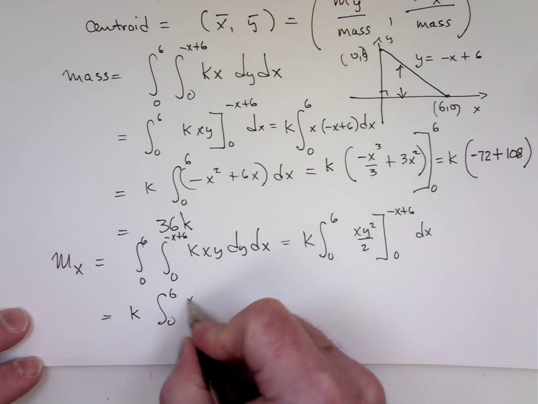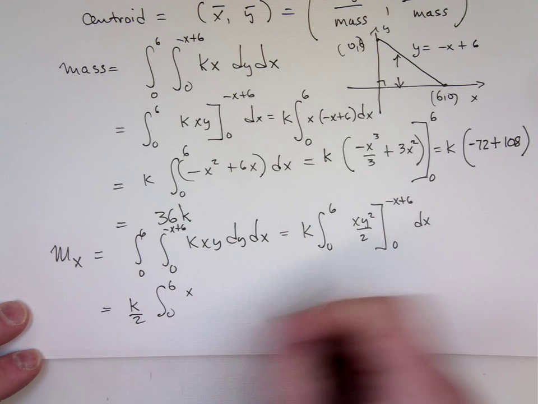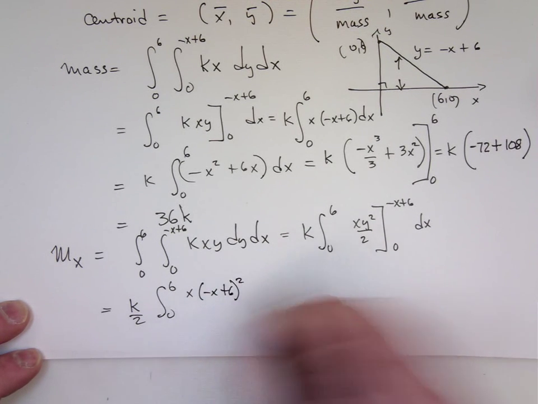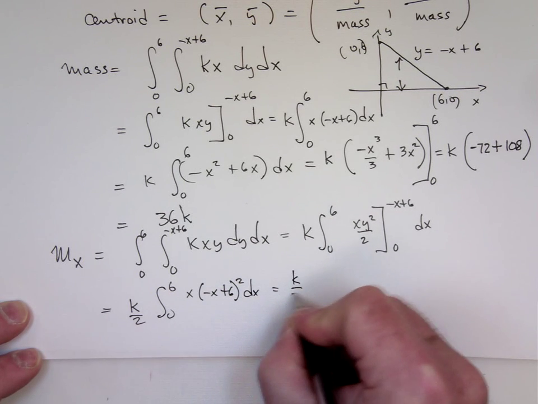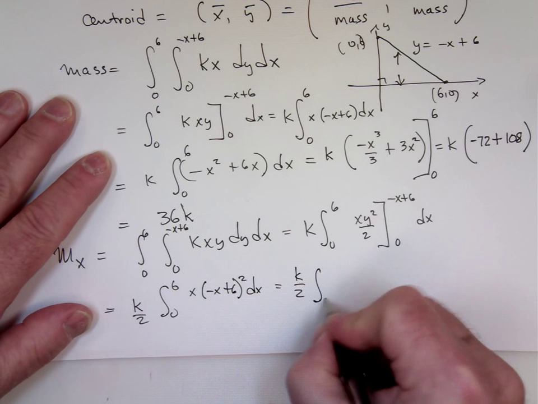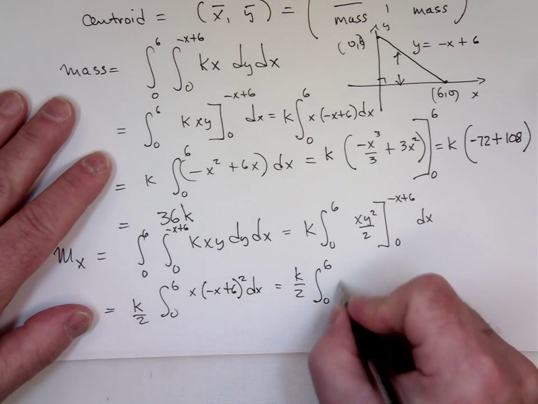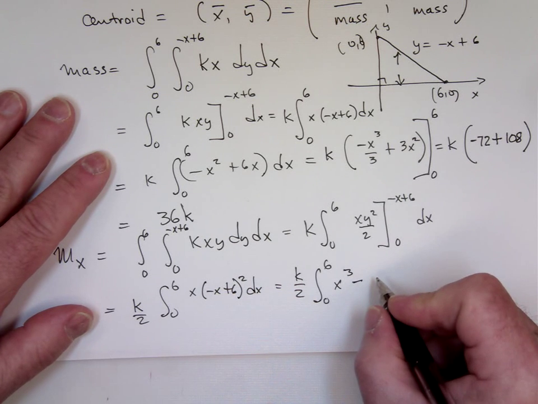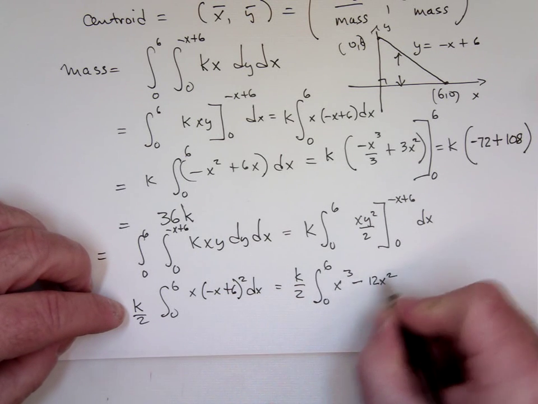We can take the 2 out front, too. Y squared. 0 gives me 0, so that's good. So we get k over 2, 0 to 6. I'm going to multiply that out. That gives me an x squared, so that's x cubed. That gives me minus 12x, so it's going to be minus 12x squared. That gives me 36, so it's 36x.